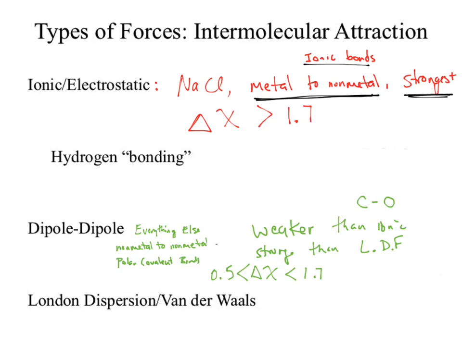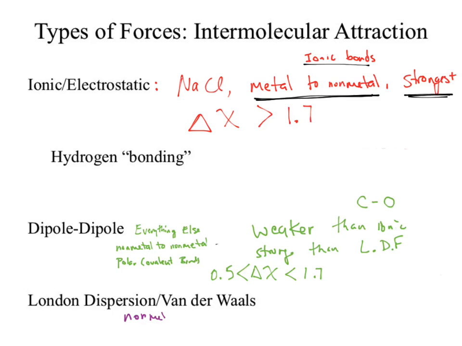Okay, so non-metal to non-metal, polar covalent bond. How do I know that's a polar covalent bond? Okay, let's stick with the non-metal definition and hold that for a second. What do we know about London dispersion? Also, non-metal to non-metal.